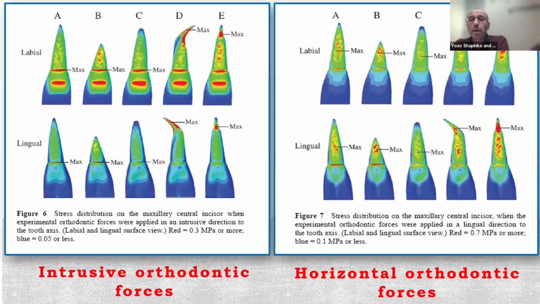You can see in this slide that, especially with intrusive orthodontic forces coupled with the specific morphology of bayonet-shaped roots, these red areas or red dots express the areas with increased chances for root resorption, where all the stresses are concentrated.